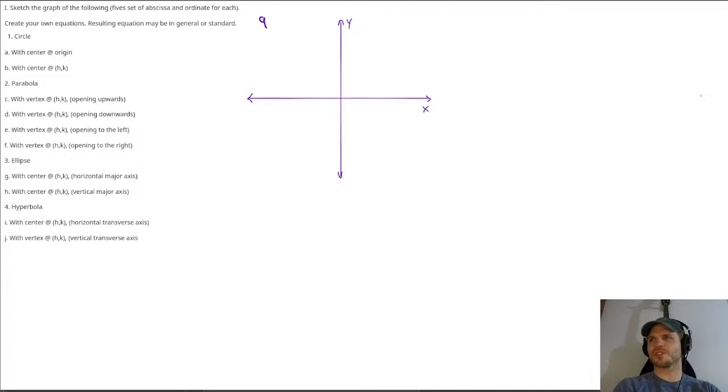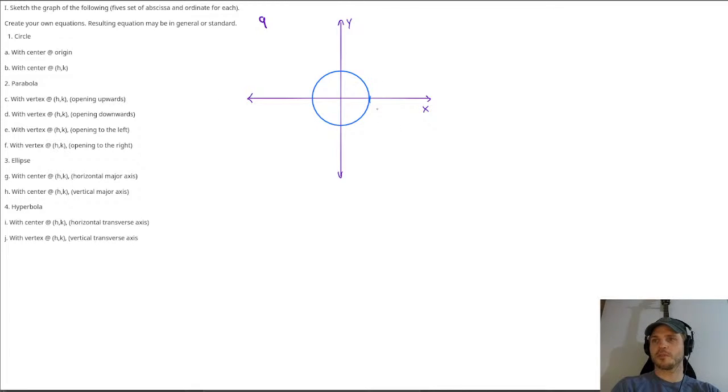Then, all right, so the first thing is we want a circle centered at the origin. So I'm just going to draw a circle, centered at the origin.